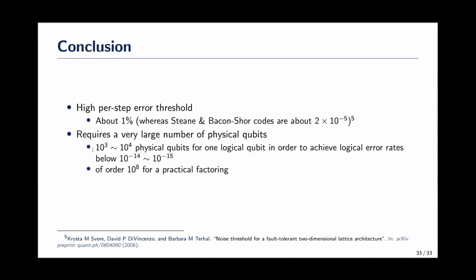We need thousands, about 10,000 physical qubits for one logical qubit, in order to achieve a logical error rate below this, and we need on the order of 10 to the 8 for practical factoring.